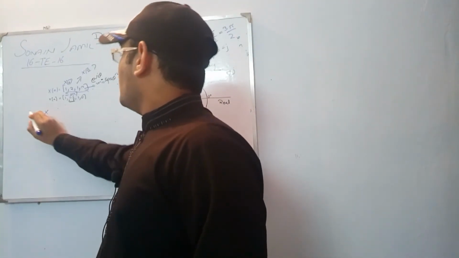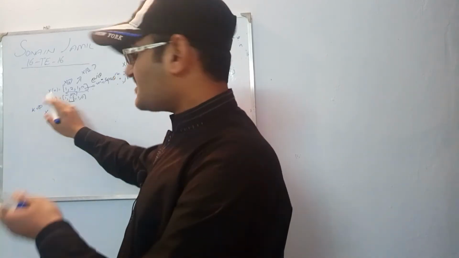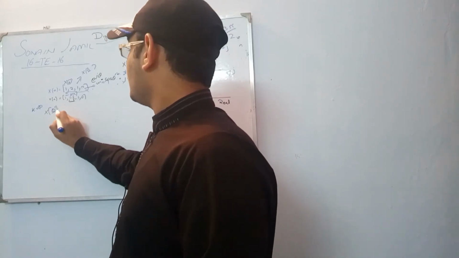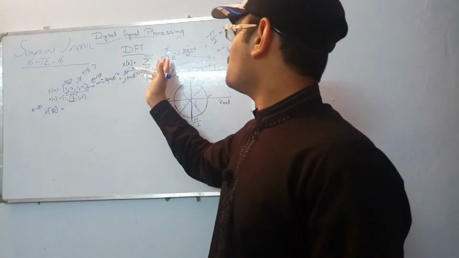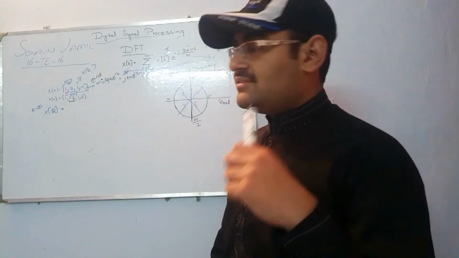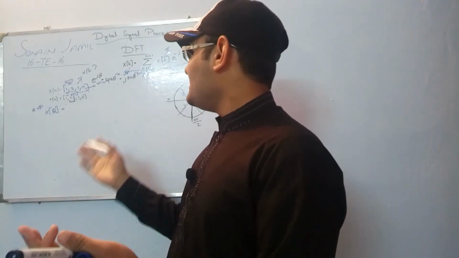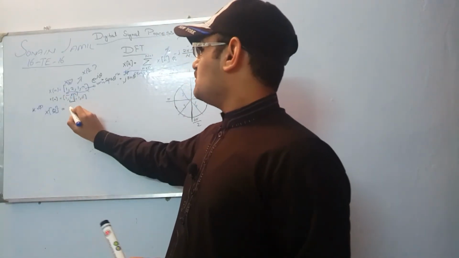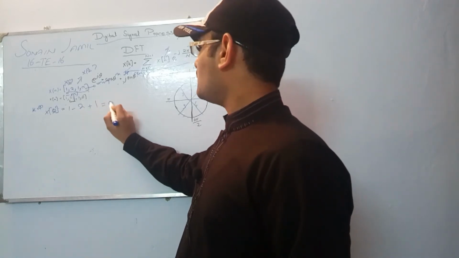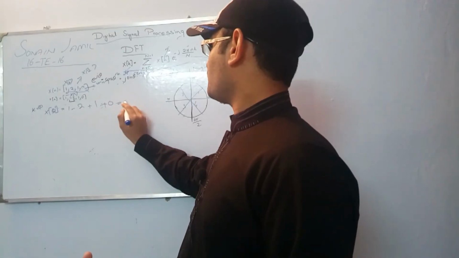So when k is equal to 0, just add these. When you put 0 there, the exponential results in 1, and 1 is multiplied by each amplitude. So just add these amplitudes. What will be the answer? The answer will be 0.